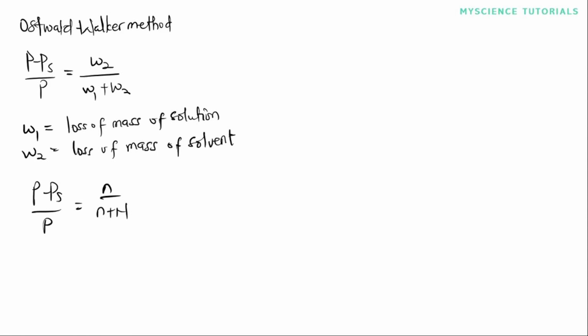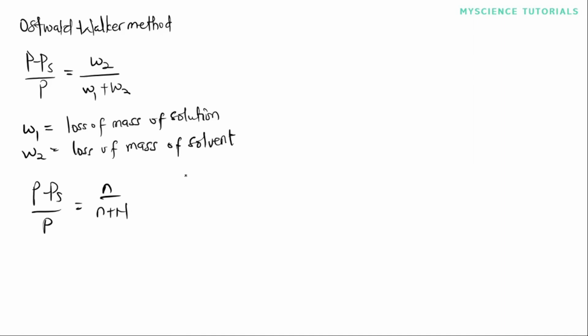So assuming in an experiment the loss of mass of the solution, which is W1, and the loss of mass of the solvent are given, and you are not given the mole fraction or the mole of the solute or the solvent, how do you go ahead to find the vapor pressure or the relative vapor pressure before you use that to find the molar mass? So we use the Ostwald-Walker method to find the relative lowering of the vapor pressure before we use that to find the molar mass of the solute.